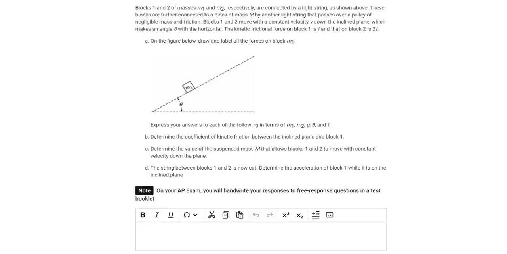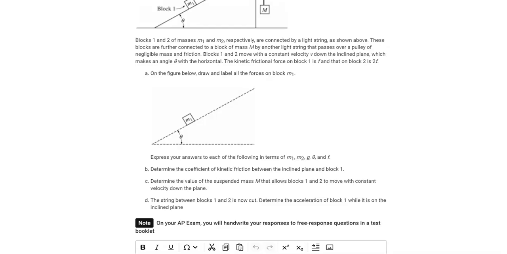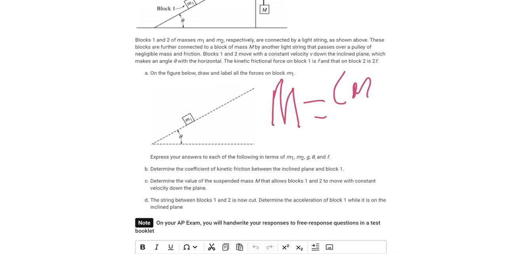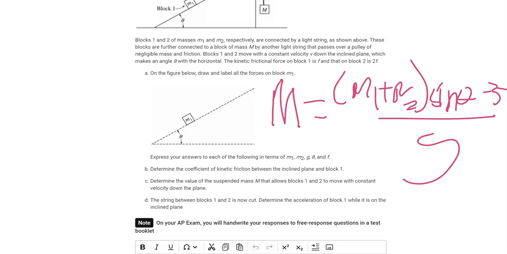So we start with the net force equation and rearrange for m, and we get m equals sine theta, and then over g. And then we can substitute F equals mu times m1g cosine theta to finally gain the final answer here. And that will be the answer.